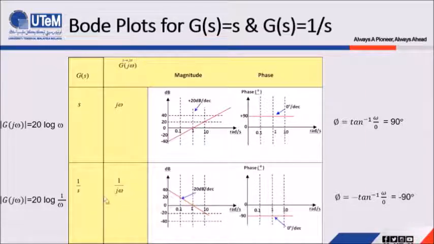When located in the denominator, this part will be subtracted, so that's why we put this minus, and also omega divided by 0. So when omega is divided by 0, this becomes infinity, and that's why we get negative 90 degrees. Based on this calculation, the phase plot for this equation is fixed at negative 90 degrees.